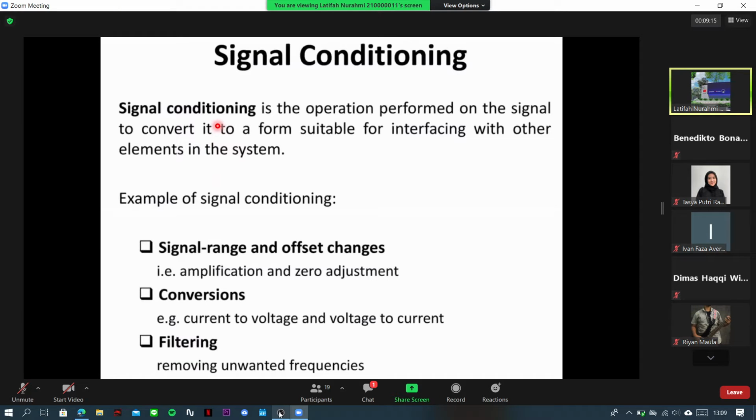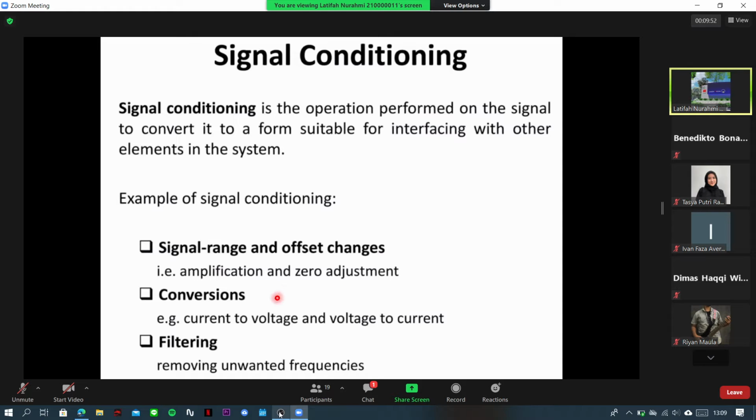There are many activities in signal conditioning. It can be signal range or offset changes, for example, amplification, just like what I have given you. The signal is too low, it's in millivolts, but you need it in volts, or you need it in kilovolts, etc. So we use amplification and zero adjustment.